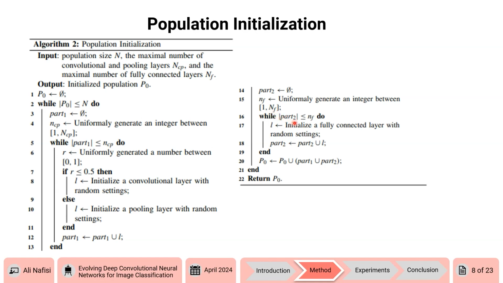Here there's no 50% chance, there's no probability, we have just to specify some fully connected layers. So after that, the population is ready and we return it.